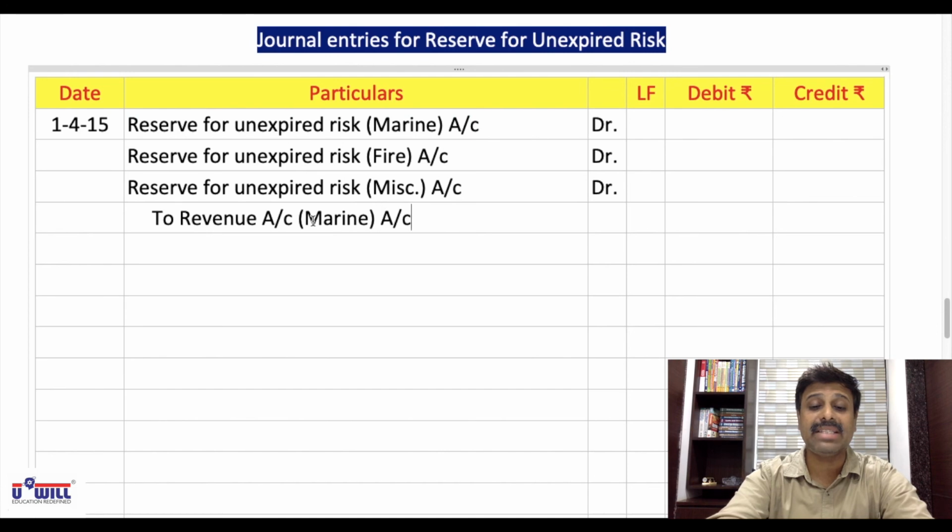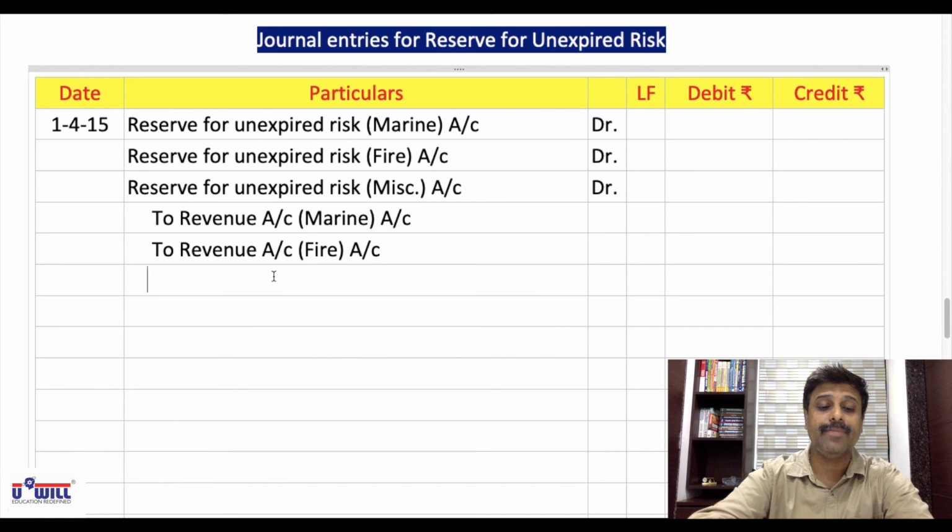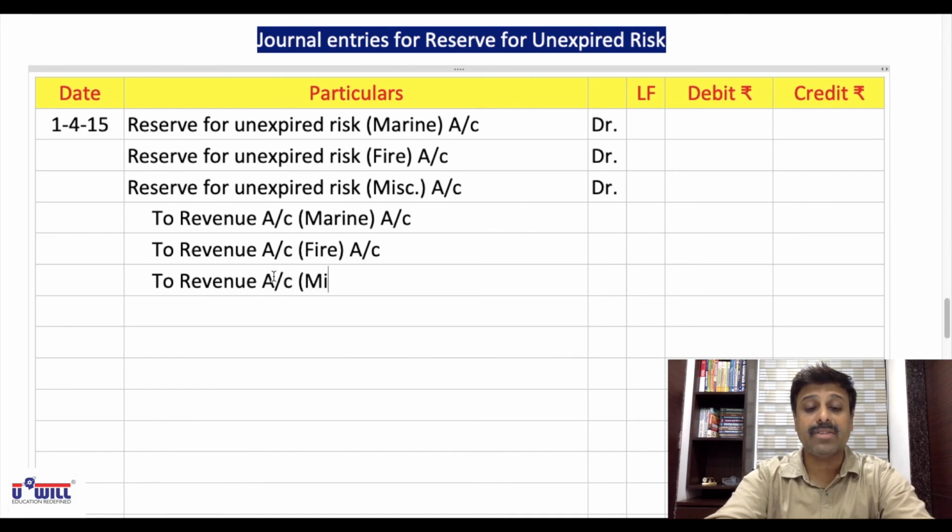As we discussed, we have to make separate revenue accounts for all. To revenue account of fire. Fire's amount will transfer to fire's revenue account, and to revenue account of miscellaneous. So separately we'll transfer it to all the revenue accounts.